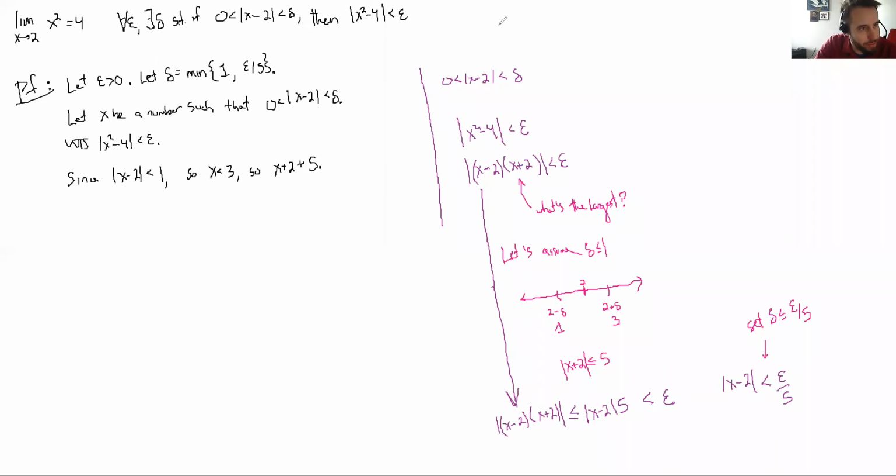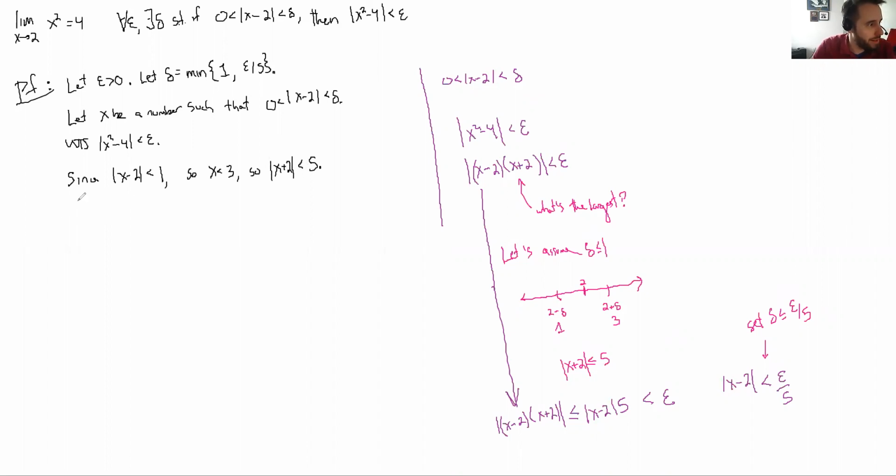Right, so here we're using this assumption that delta is less than or equal to 1 to tease out this relationship here. So |x plus 2| is less than 5. I think I should really throw absolute value signs over that.